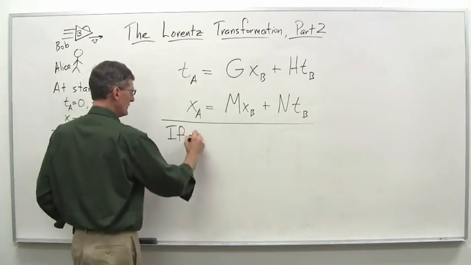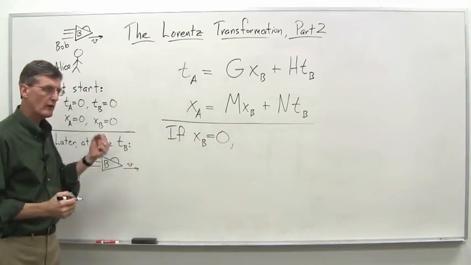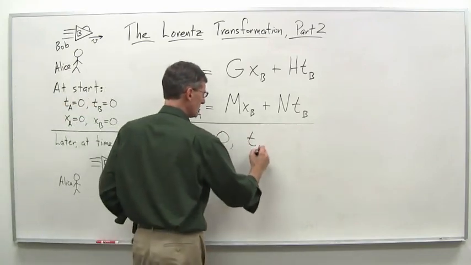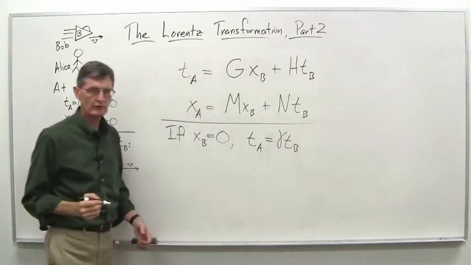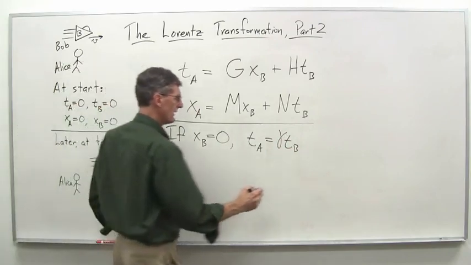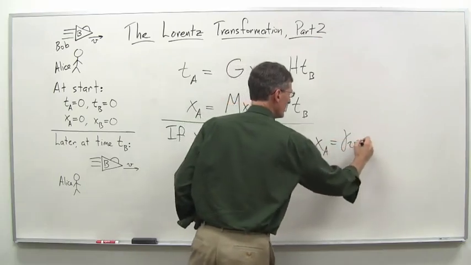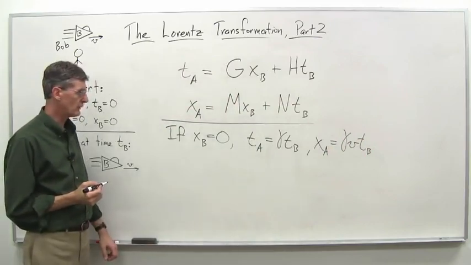So we know if XB equals 0 from part 1, we know TA equals gamma TB, our basic time dilation equation for that special case. And we know that XA equals gamma V TB. Those were the two equations we came up with.